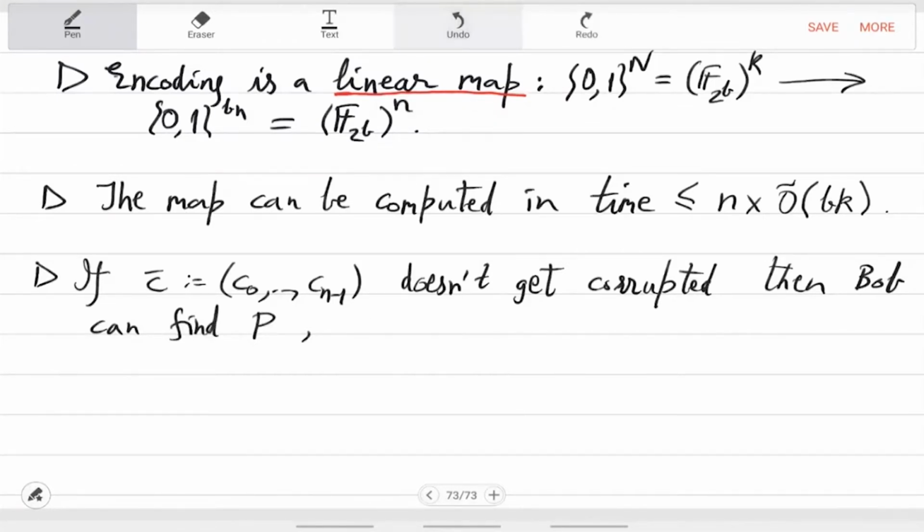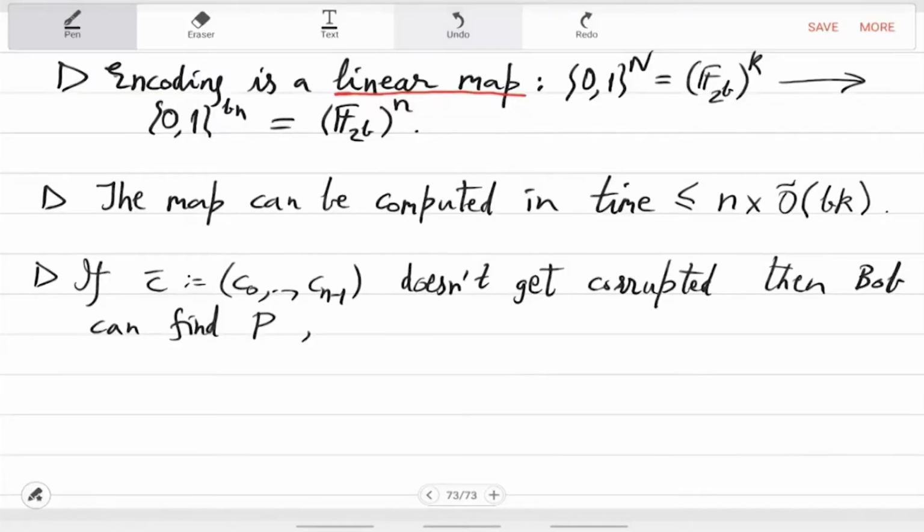So suppose Alice sends the code C bar over the channel, but the corruption did not happen. So Bob can try to learn P by interpolation, right? So what are the conditions for the interpolation to work? N should be greater than or equal to k.